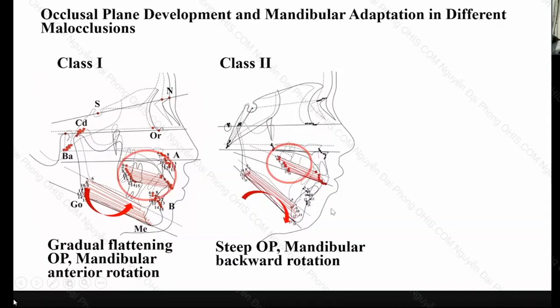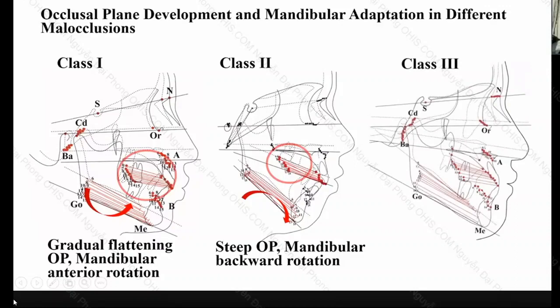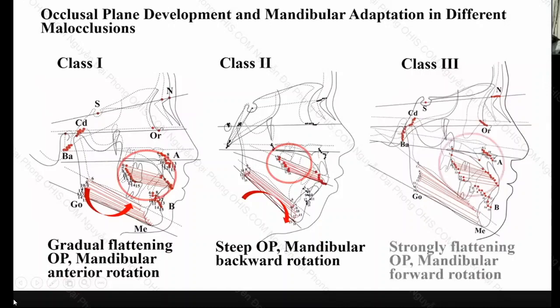Class 3, as I explained before, has a very large increase in the posterior vertical dimension and very much flattening of the occlusal plane. Therefore, the mandible rotates very much forward and at the same time comes forward. This is class 3. Okay, today, in this webinar seminar course, class 2 subject, I will talk about maybe the third time of this seminar.